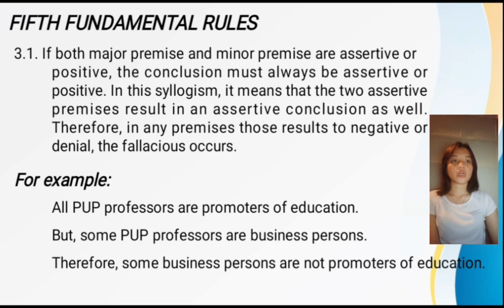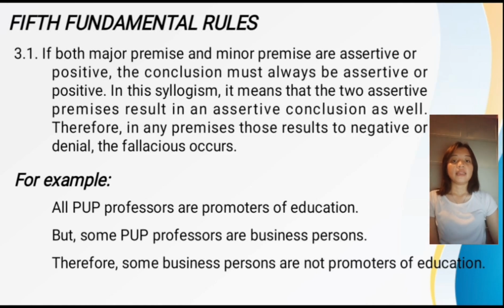So, fifth fundamental rule: if both major premise and minor premise are assertive or positive, the conclusion must always be assertive or positive. In this syllogism, it means that the two assertive premises result in an assertive conclusion as well. Therefore, in any premises that result in a negative or denial, the fallacy occurs.